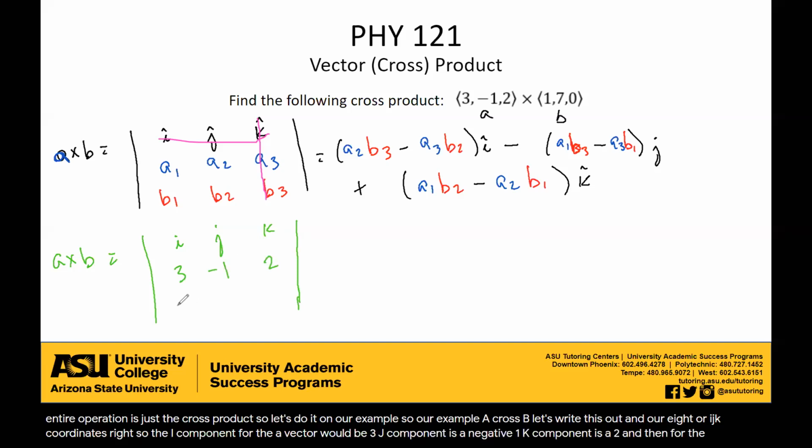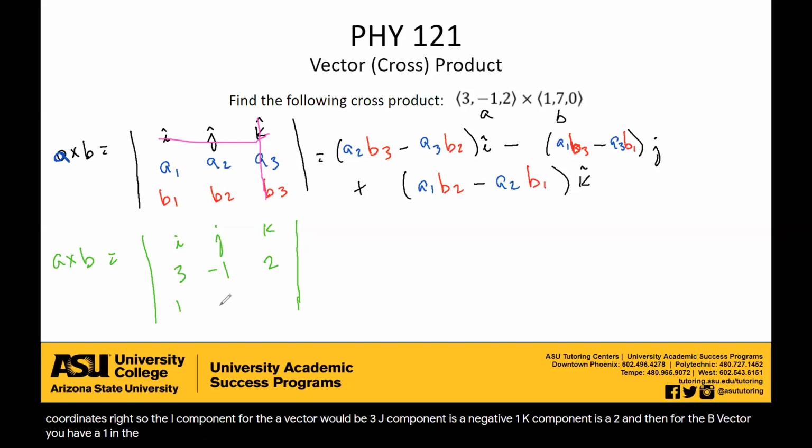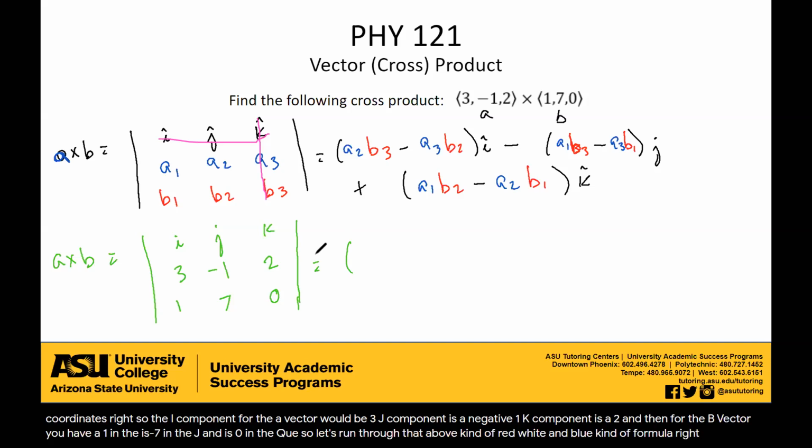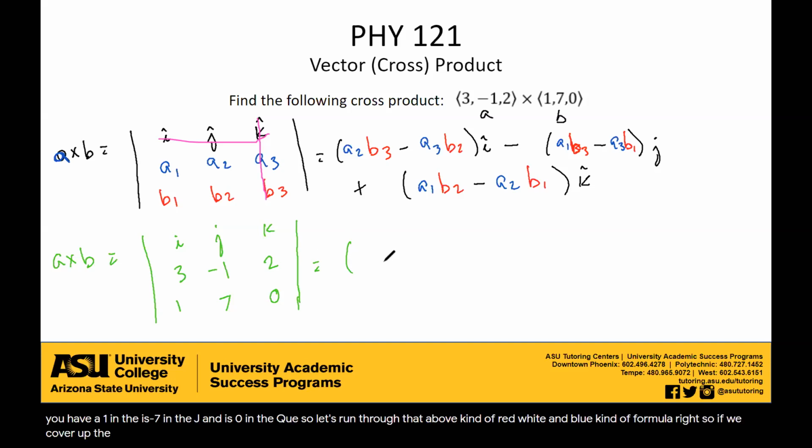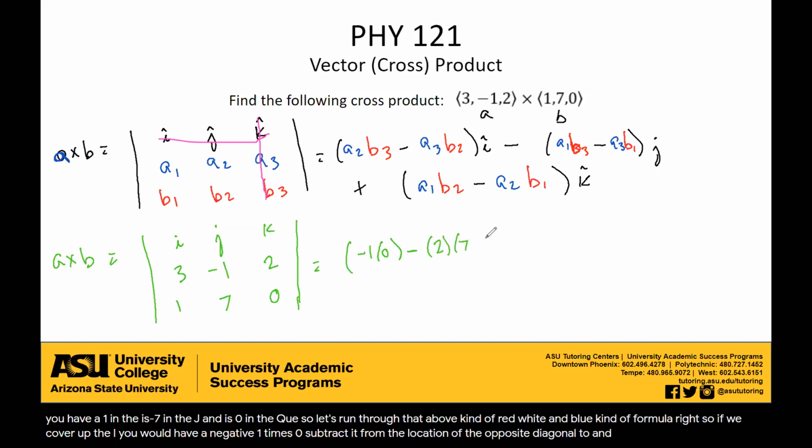And for the B vector, you have a 1 in the I, a 7 in the J, and a 0 in the K. Let's run through that formula. If we cover up the I, you have -1 times 0 subtracted from the multiplication of the opposite diagonal, 2 and 7. That represents the I component.